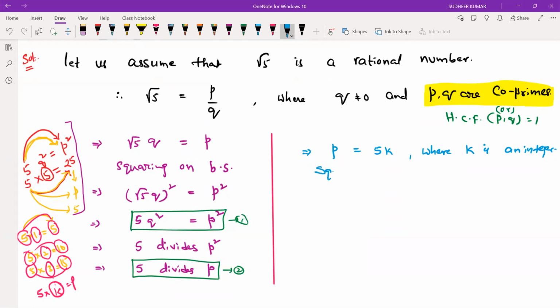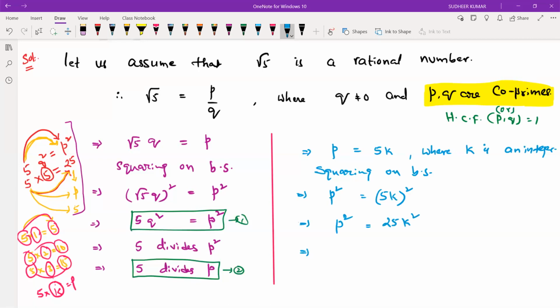To verify that, again squaring on both sides. So P square equals 5K whole square, so P square equals 25K square.